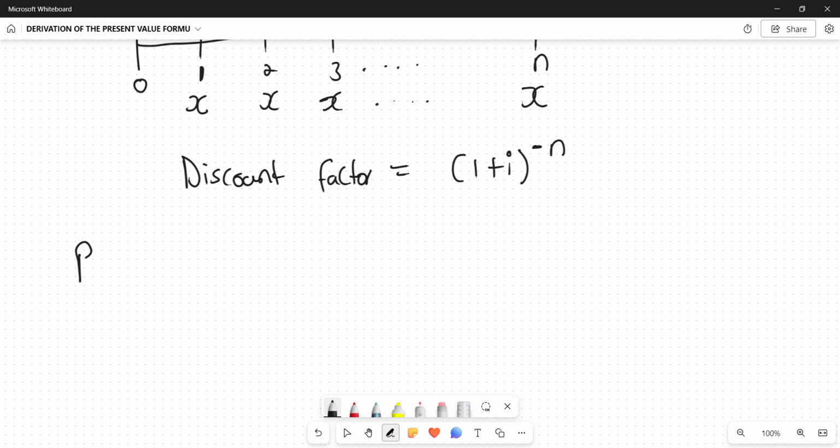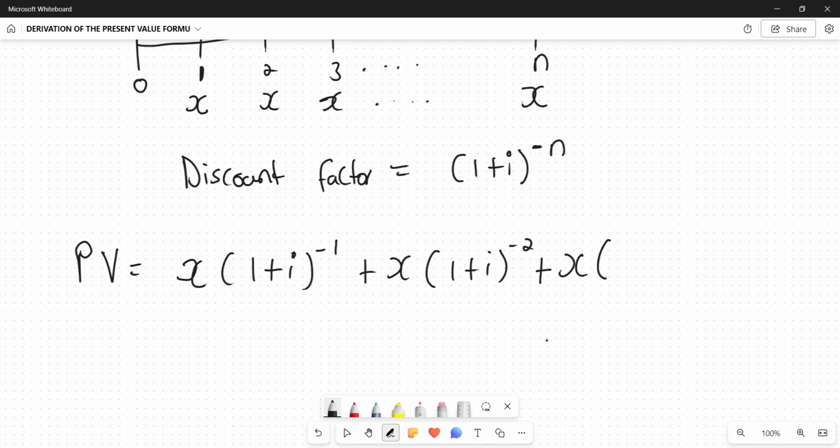Present value equals, the x payment made at the end of the first period, x into (1 plus i) to the power of negative 1, plus the one made at the end of the second period, x into (1 plus i) to the power of negative 2, plus the one made at the end of the third period, x into (1 plus i) to the power of negative 3, and so on until the last payment, after n periods, which is x into (1 plus i) to the power of negative n.